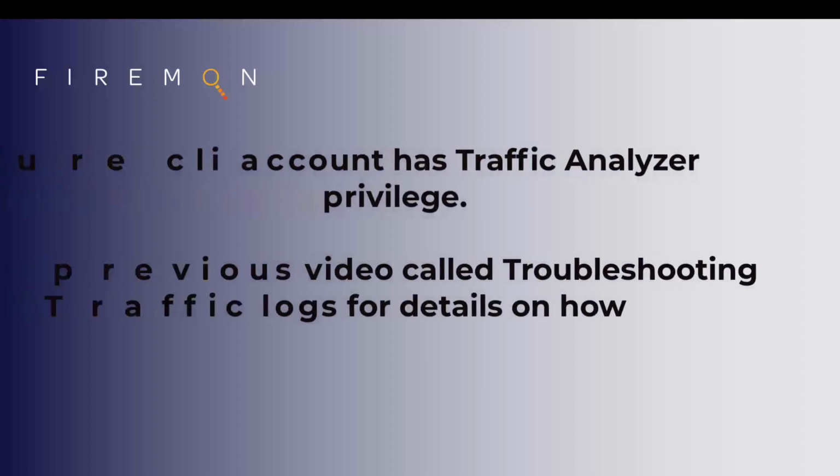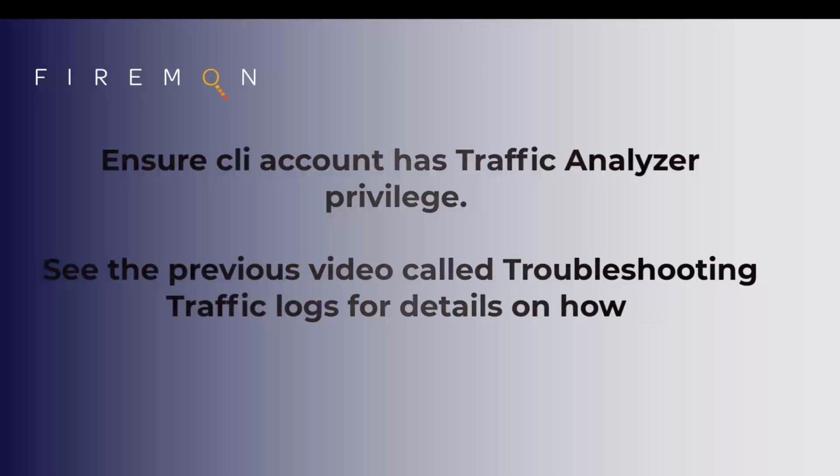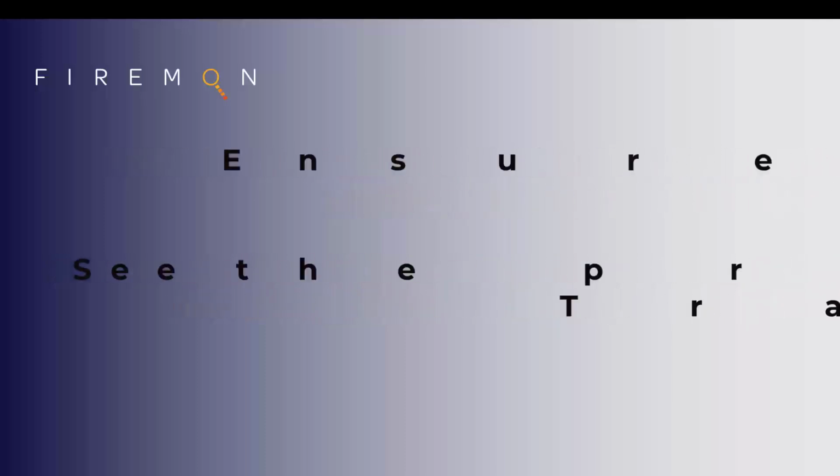Next is verifying the traffic Syslog messages are arriving from the IP address you have defined as the central Syslog server. The video called Troubleshooting Traffic Logs has already dealt with how to verify your FMOS CLI account has the Traffic Analyzer privilege, so we won't deal with that here. We will run the same command as used in that video to attempt to capture any logs being sent from the central Syslog server.